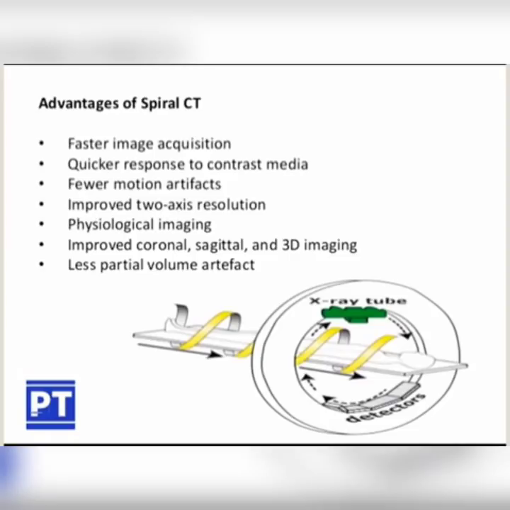Improved z-axis resolution, physiological imaging, improved coronal, sagittal and 3D imaging, and less partial volume artifact. It is another artifact, like the ring artifact which we have discussed. Likewise, this is another artifact of CT. Artifacts also we will be discussing in the upcoming topics.